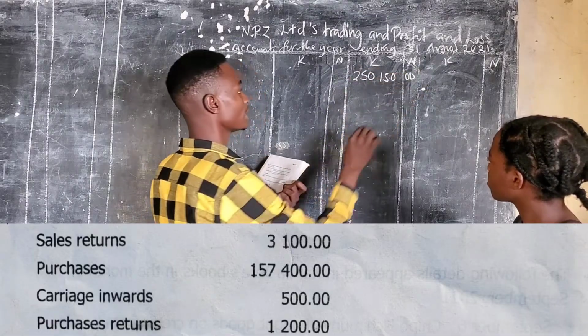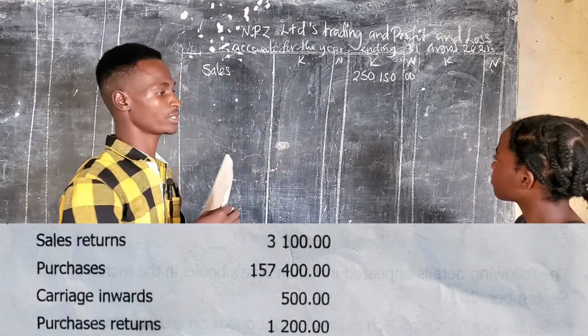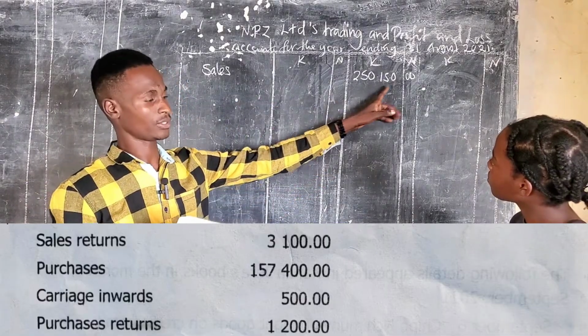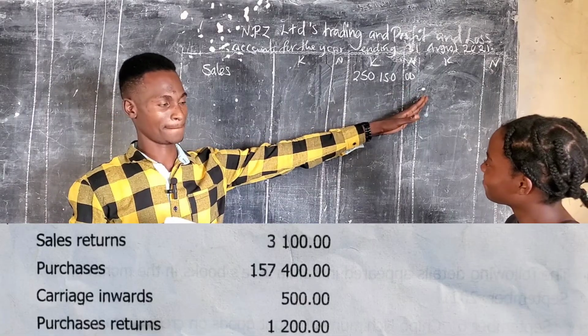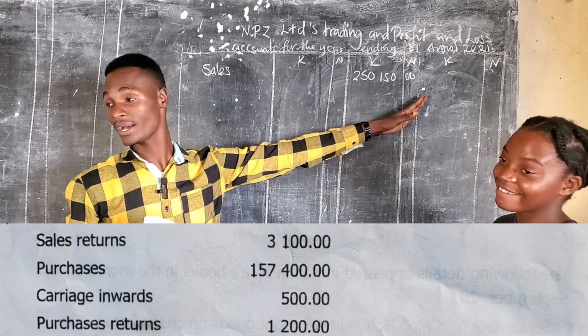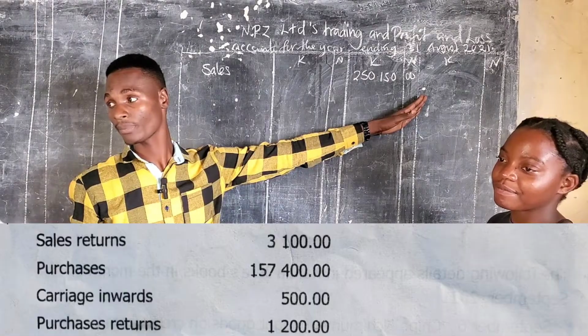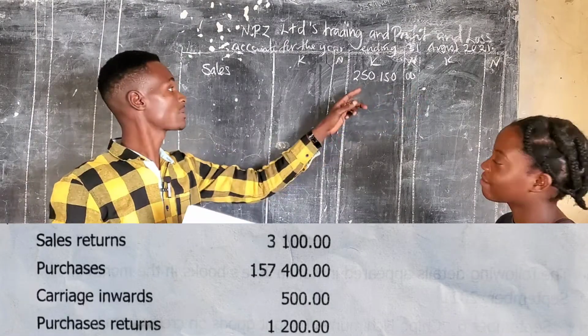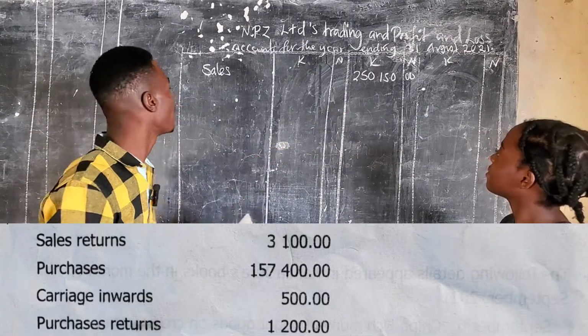1,150 00 Ngwe. What do you think is the reason you are putting sales here, not in the final column? Anyone have an idea? Yes, Frederick? So that we can subtract sales returns. Yes, very good.